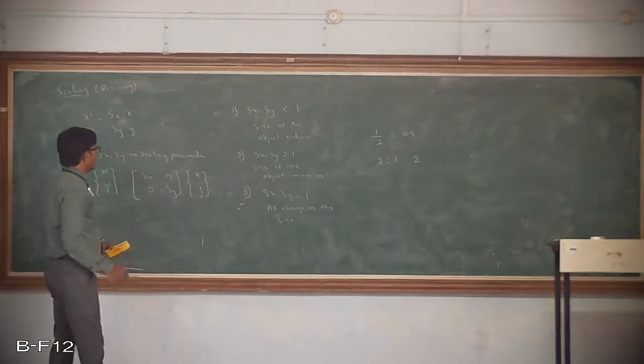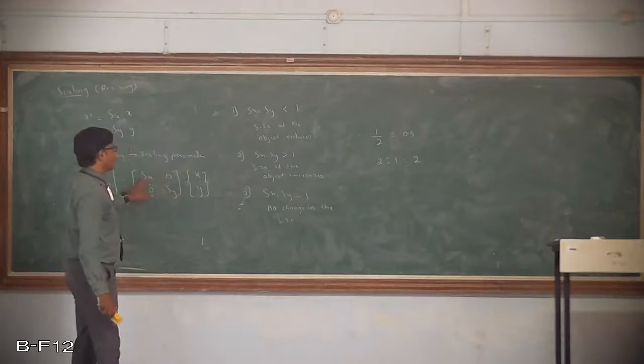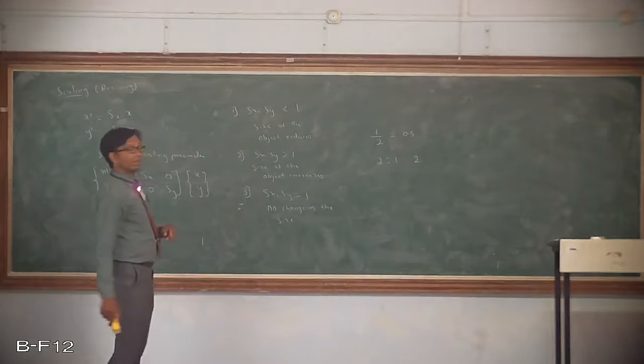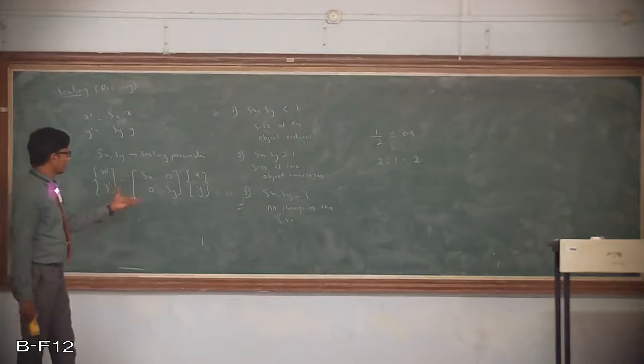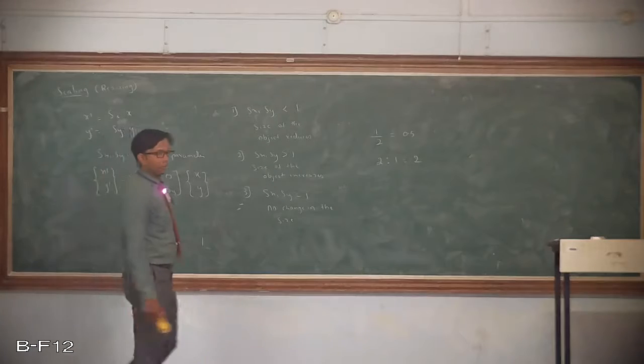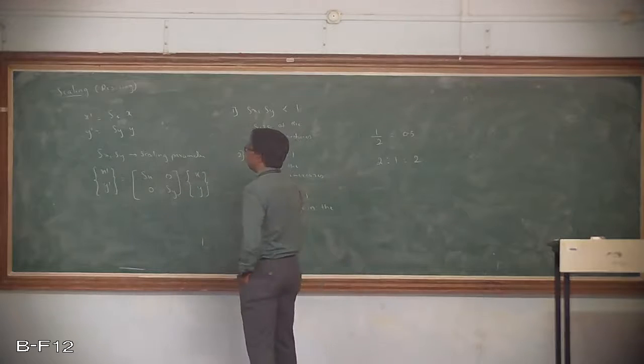So you can apply it here. What will happen if sx is greater than 1? What will happen if sx is less than 1? What will happen if sx or sy is equal to 1? Based on this, we will be doing scaling of any object.